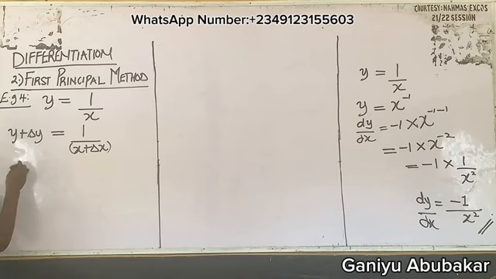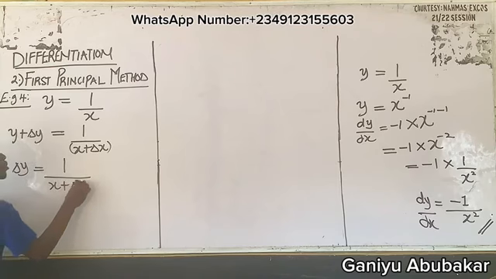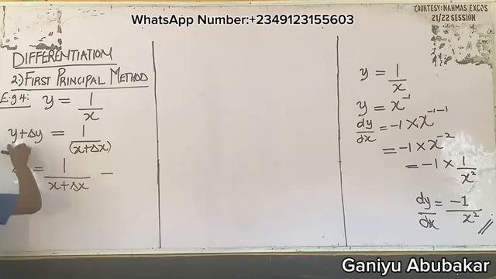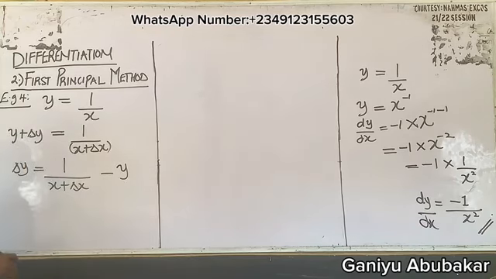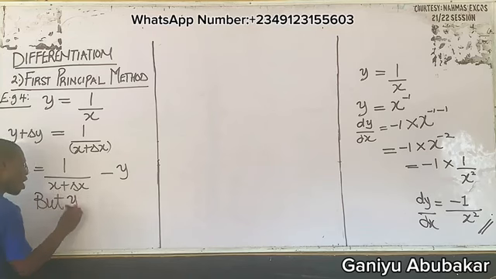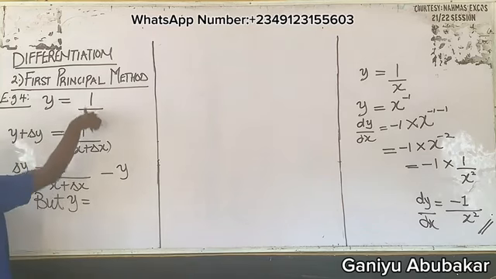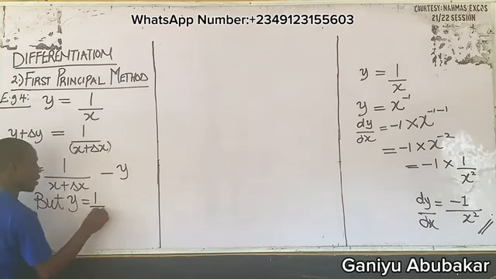I'll have delta y equal to 1 over x plus delta x, minus y. At this junction, my next task is to say that y in the question is 1 over x.